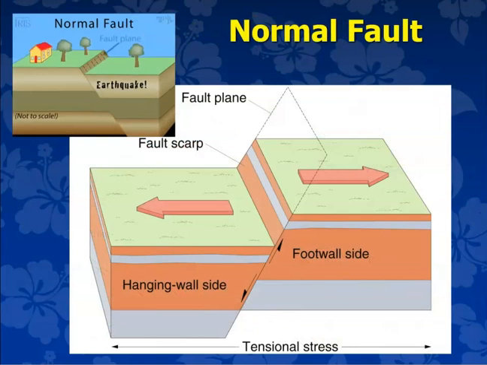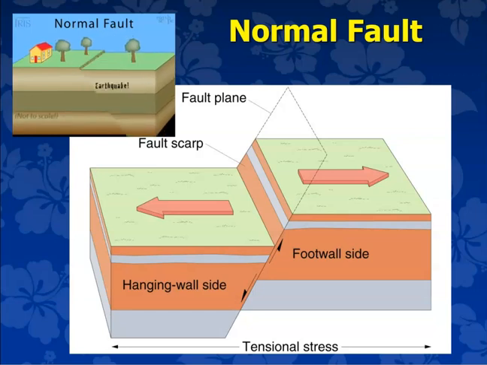So the normal fault, when we talk about a tensional stress where we're pulling it apart, you're not going to get the Earth open up and create a giant chasm 1,000 feet deep of the rocks separating from each other. They're just too massive and too heavy. They're not going to want to pull away from each other and leave a gap. They're just going to slide away from each other.